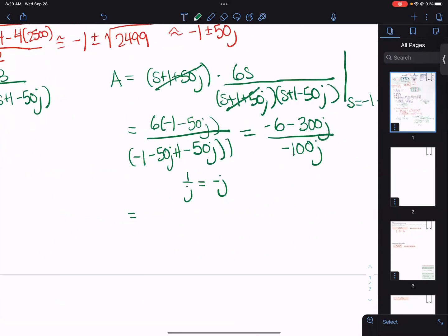And a -1 over J will become a plus J. So this will become a -6 over 100J minus 300 over 100. They both pluses. No, plus, minus.